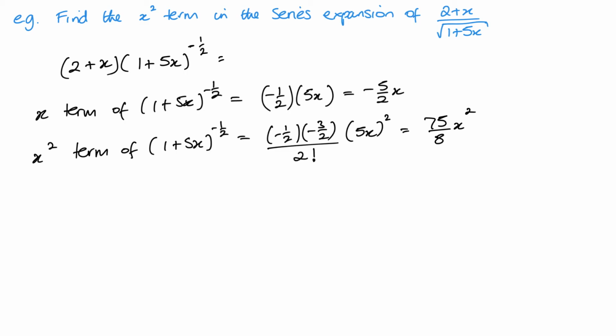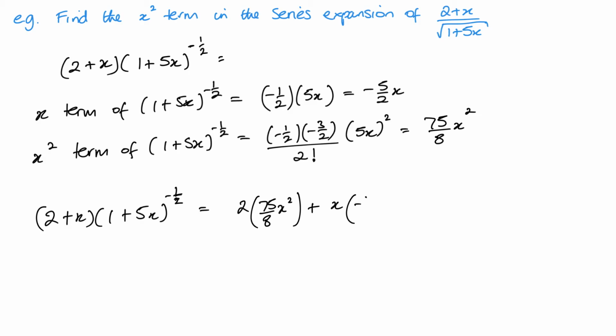Now, when I look at the expansion, so we've got 2 plus x, 1 plus 5x to the minus a half, and we only actually want the x squared term, so that's going to be when we have two lots of 75 over 8x squared plus x lots of minus 5 over 2x.